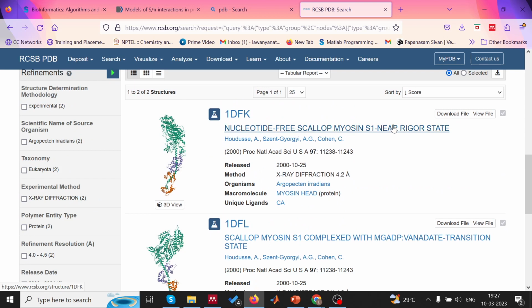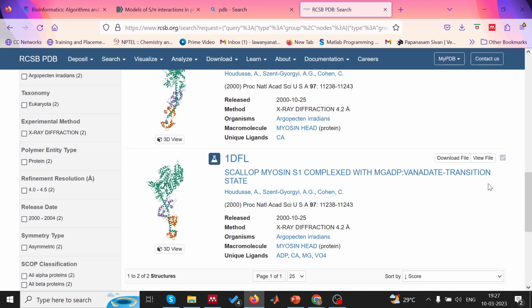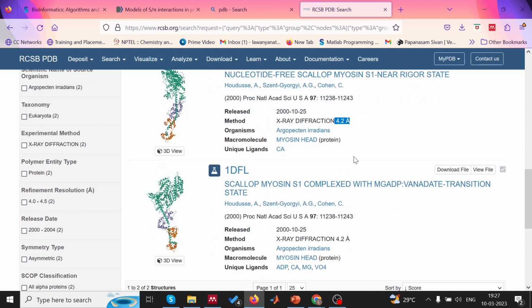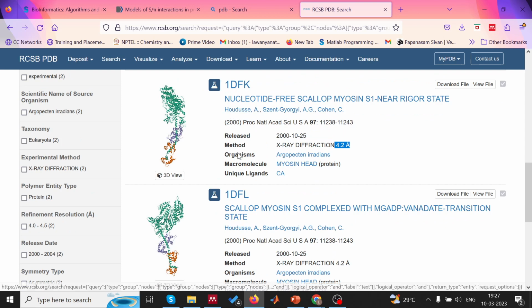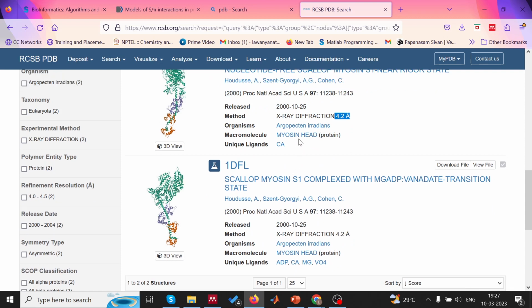Nucleotide free scallop myosin near rigor state. Scallop myosin complexed with something. Okay, so you're having 4.2 angstrom resolution in both cases, and these are deposited by the same authors, probably for the same paper, right? And we got this because it is listed as myosin head here.